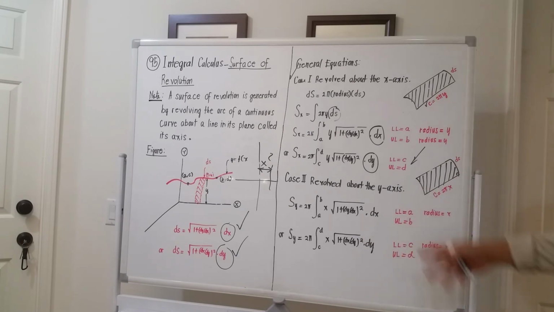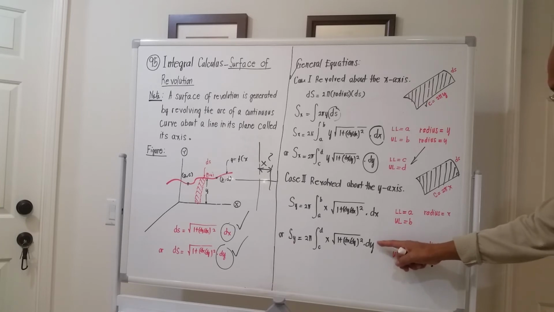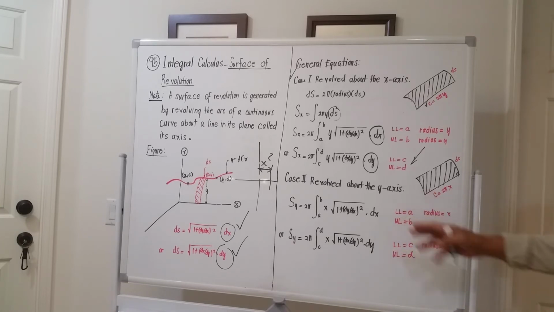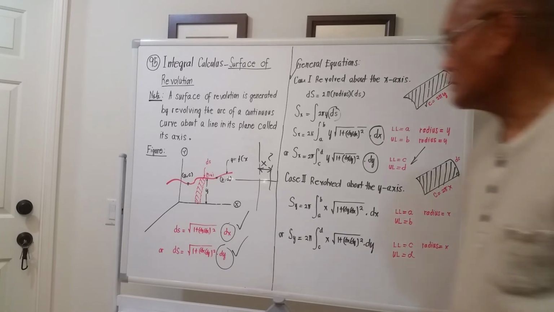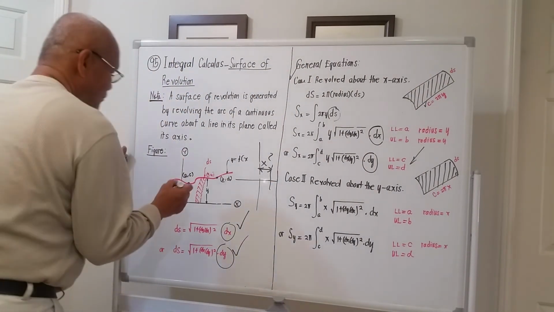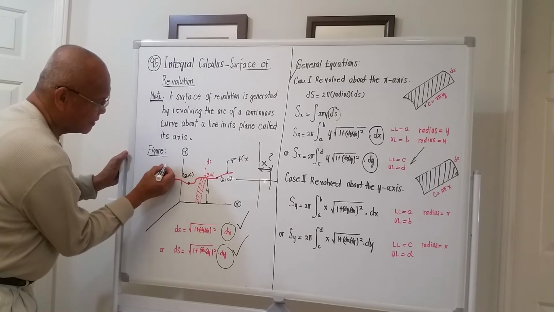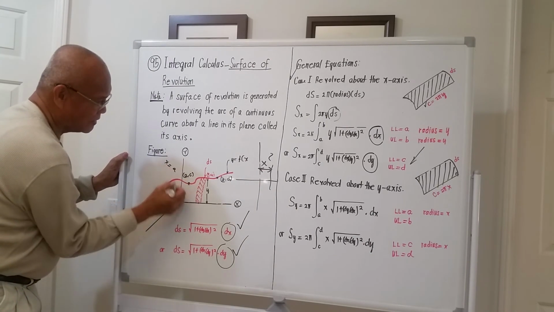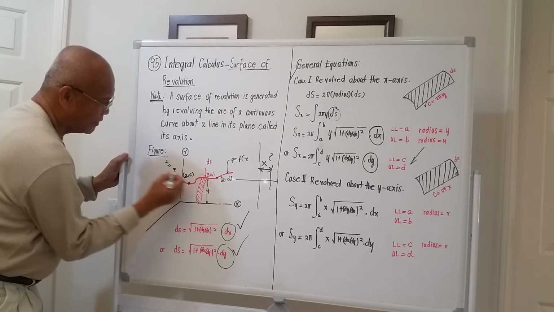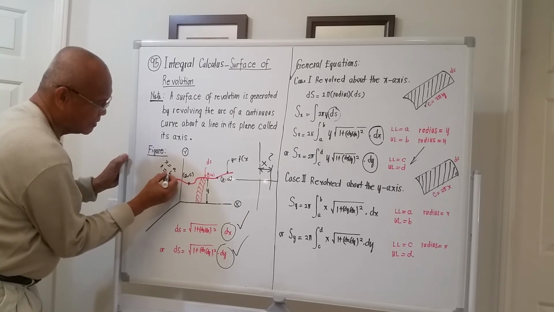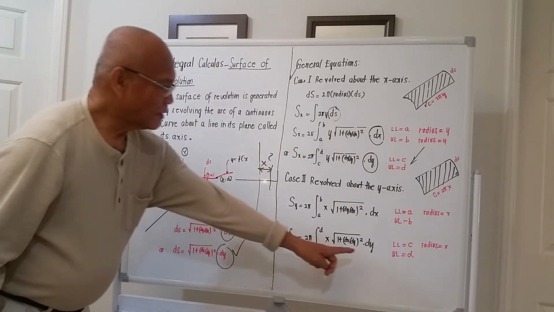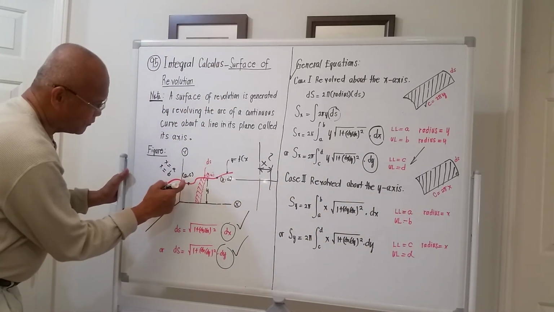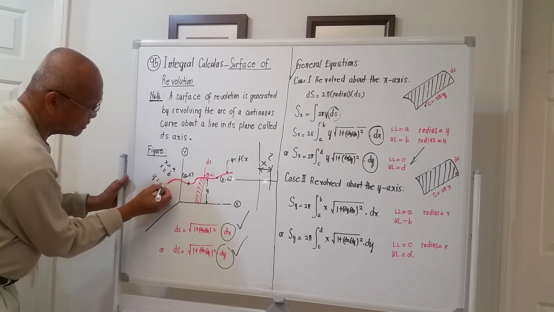For the second one, different limits. Because we are integrating with respect to y, our limits should be ordinates: lower limit is c, upper limit is d. Why is that so? From the first point, x is equal to a. Second point, x is equal to b. So under case number 1, the limit is from a to b. And if we are integrating with respect to y, the first point, y is equal to c.